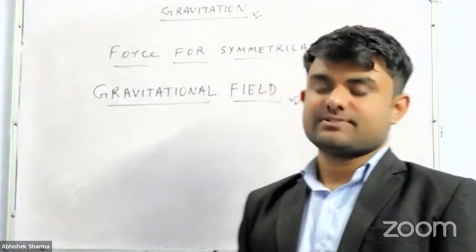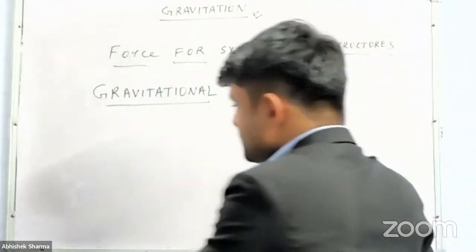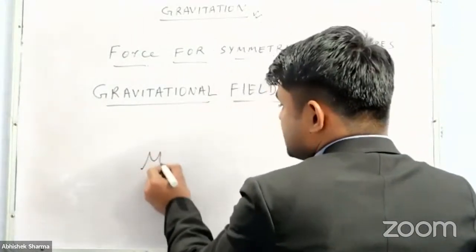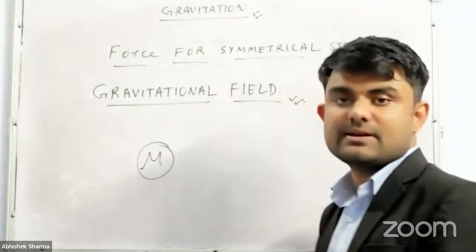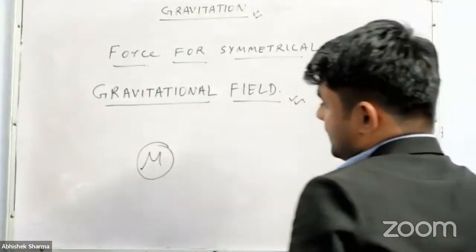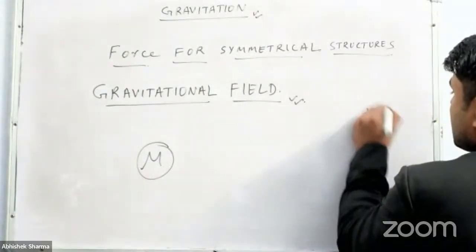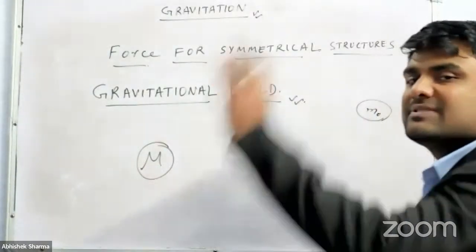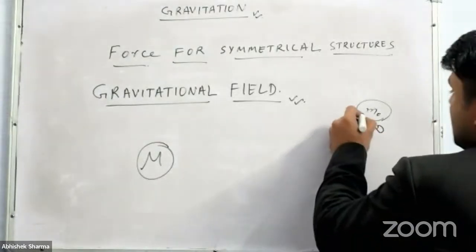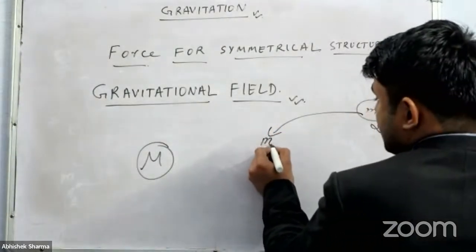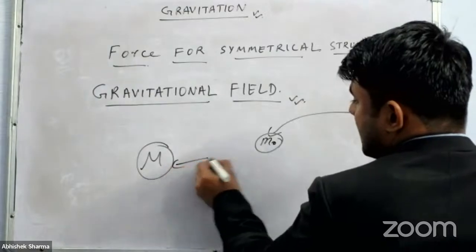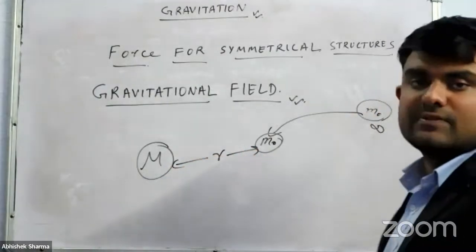What is this gravitational field? Suppose you are having a capital mass m like this. This is your capital mass m. Suppose I'm bringing m naught test mass from say infinity near to it, say at r distance from center to center.